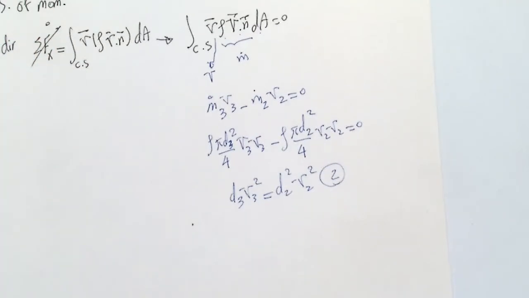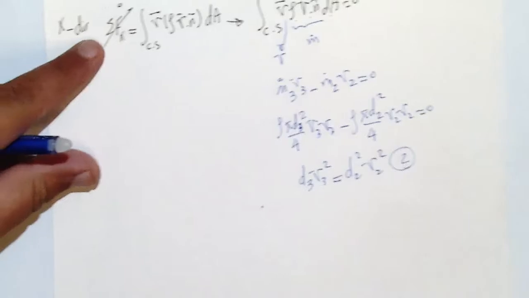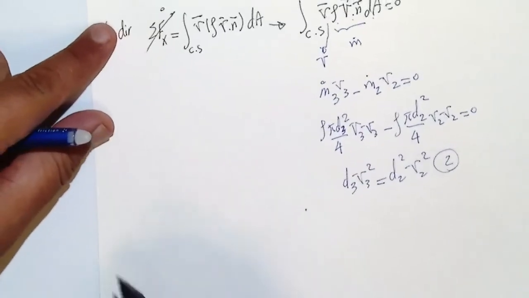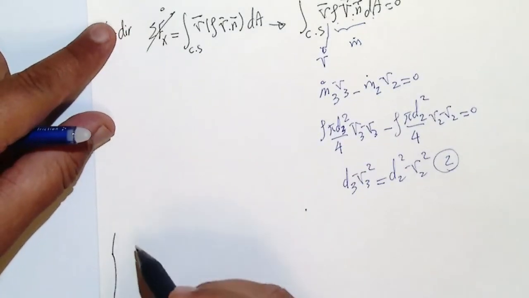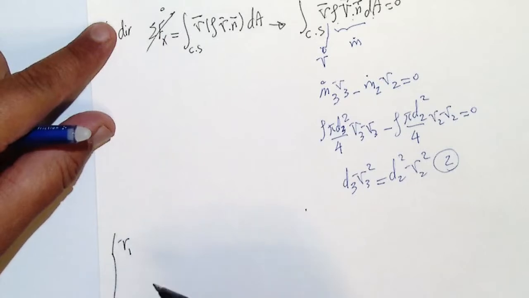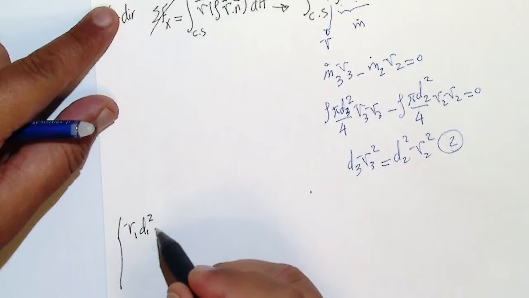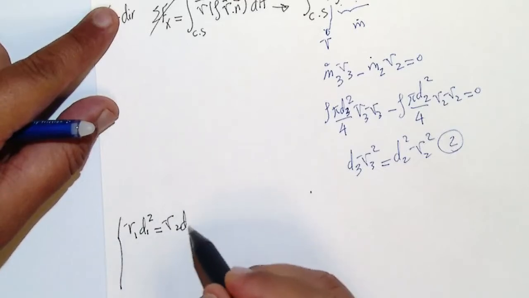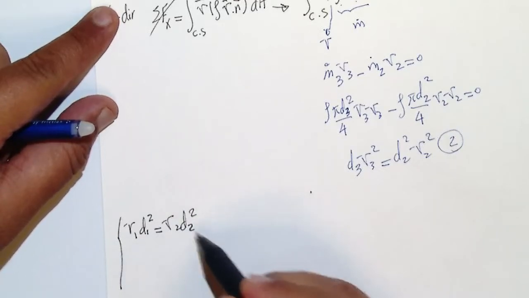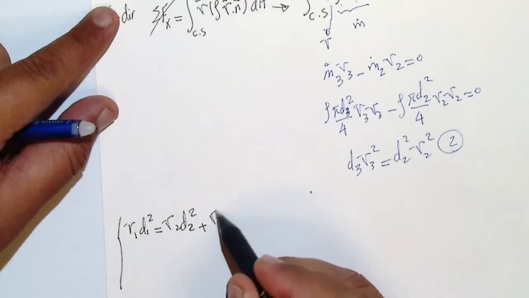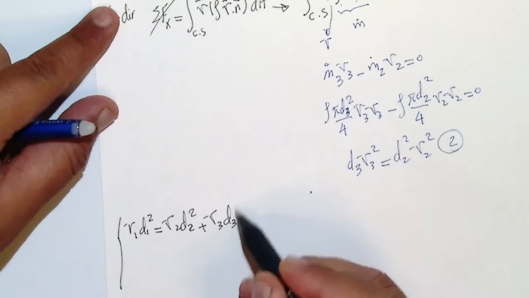And move to find V3. Let's rewrite equations 1 and 2. So we have V1 d1 squared equal to V2 d2 squared, that's equation 1 that we found, plus V3 d3 squared.